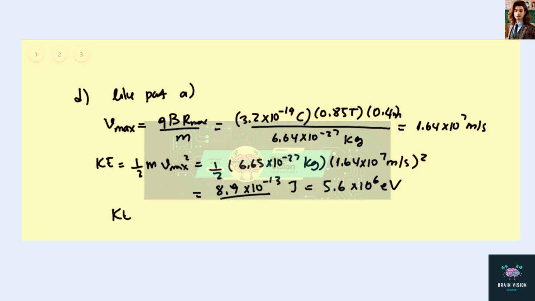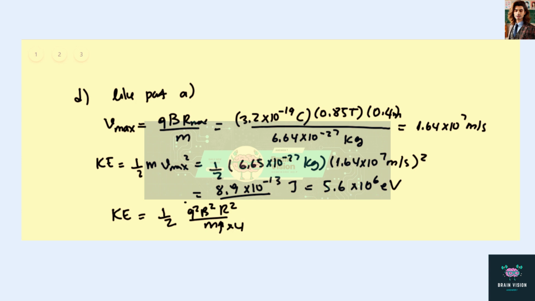basically, let's go back to the kinetic energy term. The kinetic energy term is 1/2 q squared B squared r squared over m, right? We had derived this equation. Now, for an alpha particle, the mass is like 4 times greater, right?